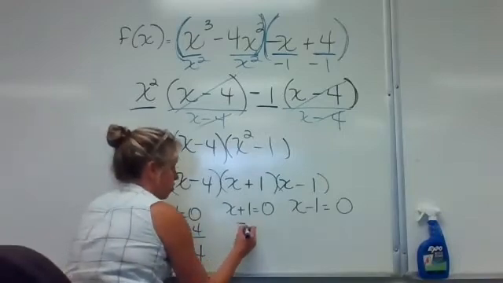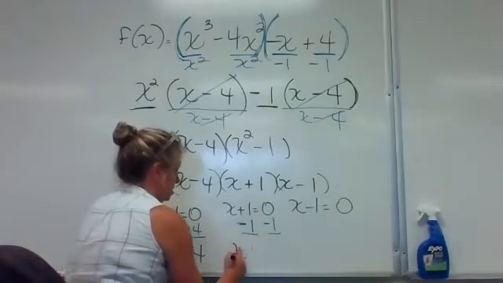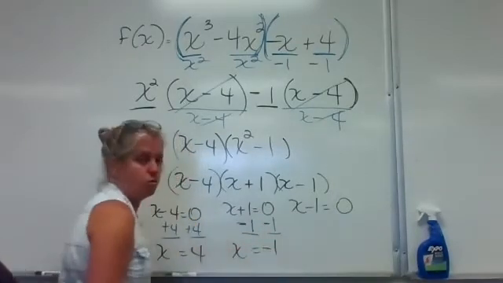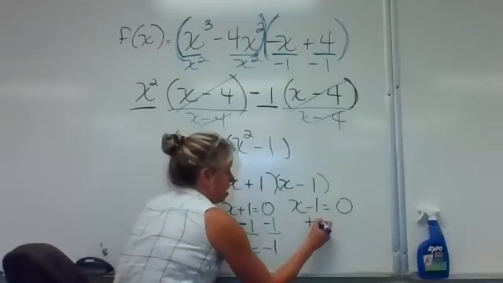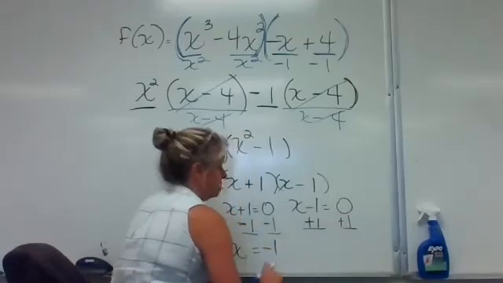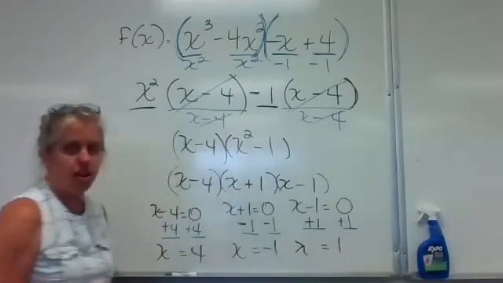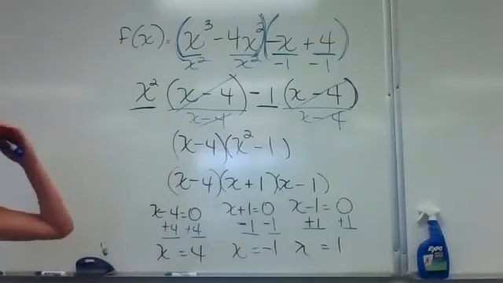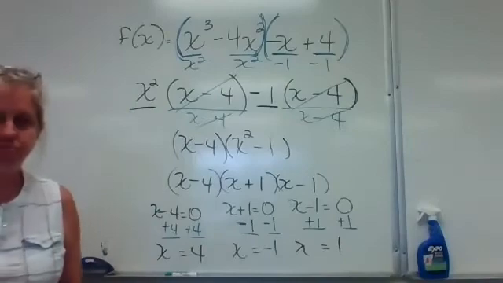Here I would subtract 1. So x equals negative 1. And here I would, to get rid of minus 1, I would need to add 1. So x equals positive 1. So your zeros are 4, negative 1, and positive 1.